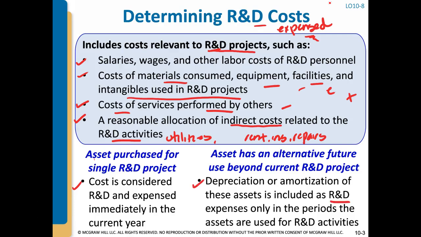The depreciation goes into the R&D bucket, and then once they're used for projects that are not for R&D, then the depreciation is expensed under depreciation expense. So it's either classified as R&D or depreciation, but they're calculated exactly the same.